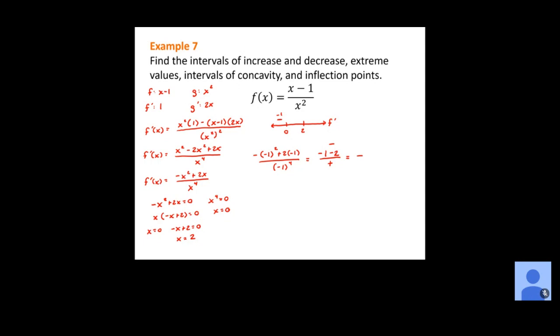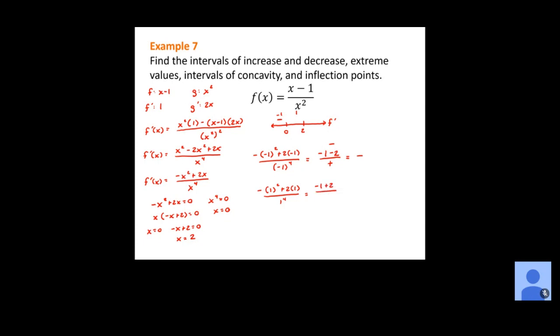Okay. Now, what about between 0 and 2 now? What value could we substitute this time? Okay, positive 1 works. So we'll go with -1 squared plus 2 times 1 over 1 to the fourth. So up top now, we have a -1 squared, which is going to give us a -1, plus 2.